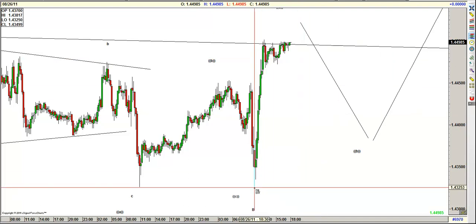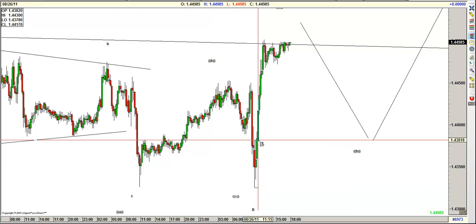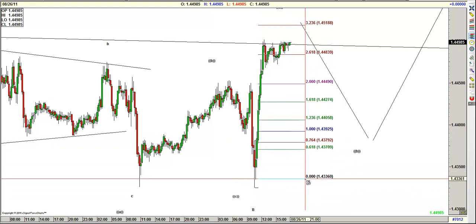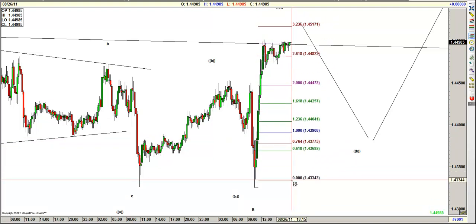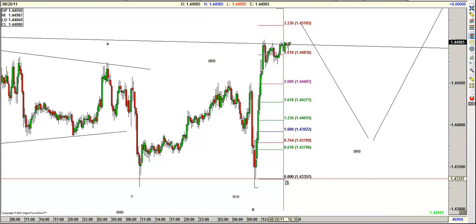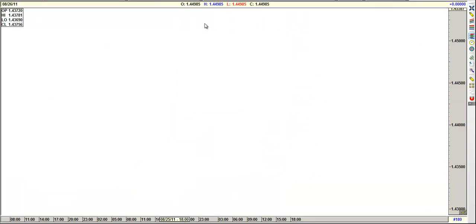In the case of the euro, it's a clear 1, 2, a 3 to the 2618 right here. Let me put a small one right here so you guys see it better.